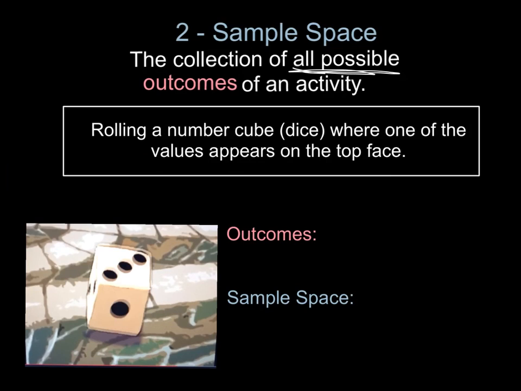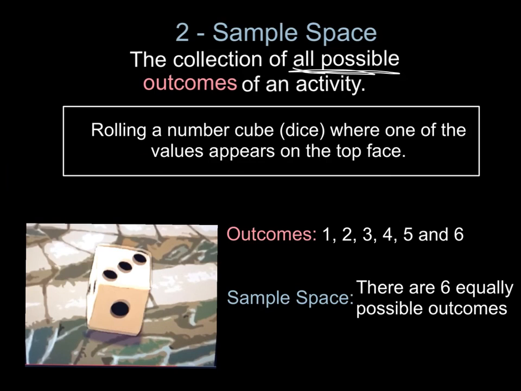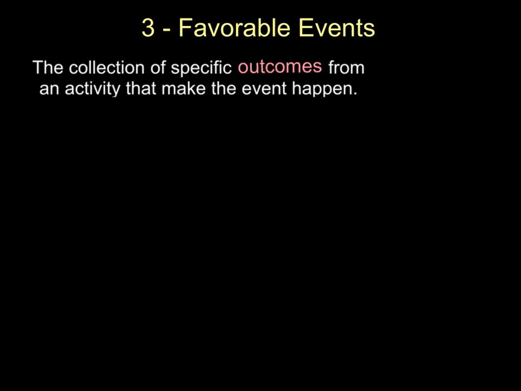For a dice, that happens to be the numbers 1, 2, 3, 4, 5, and 6. The sample space is how many different outcomes there are total. Well, since there are 6 different numbers, there are 6 equal possibilities of outcomes. You can equally have 1, 2, 3, 4, 5, or 6, but that's 6 total outcomes.